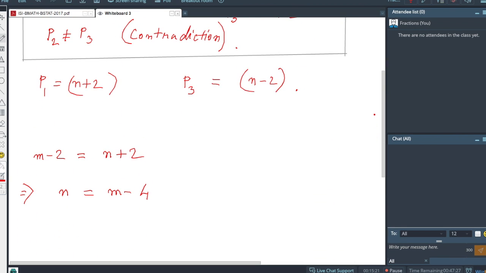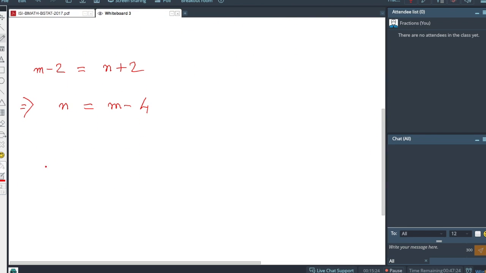So we get that. So already we had P1 is equal to m minus 2 and P2 is equal to m plus 2.